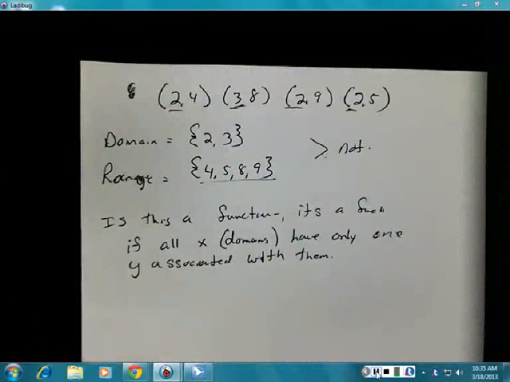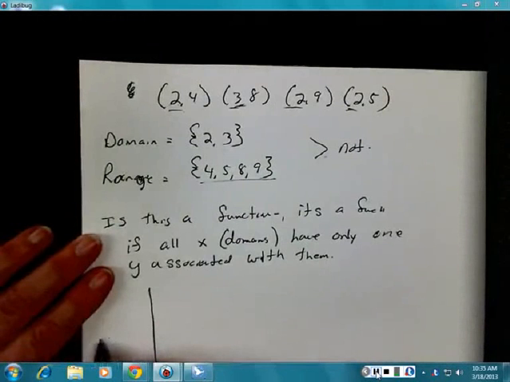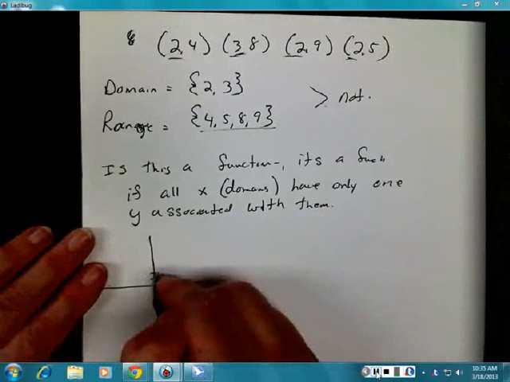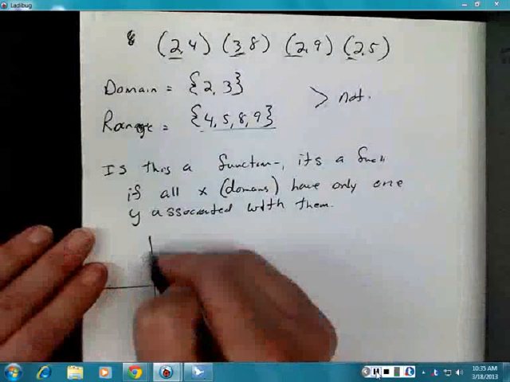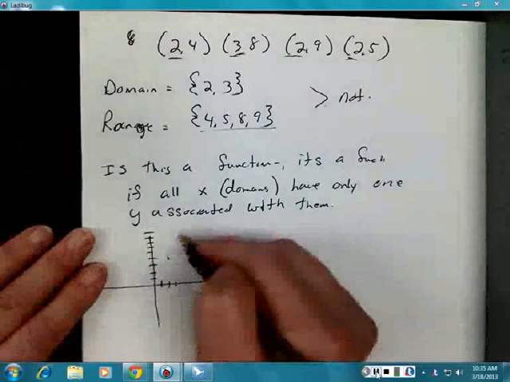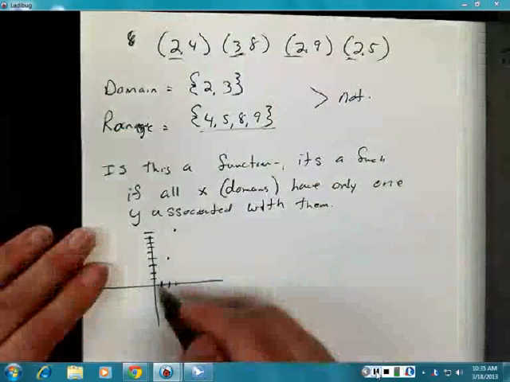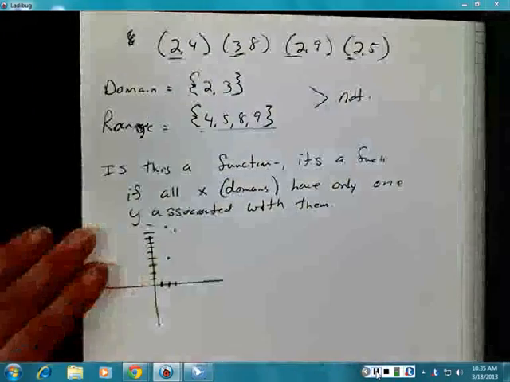So then if we take that, and if I looked at it on a graph, what would happen is when I'm at 2, I'm up at 4. When I'm at 3, I'm up at 8. I'm fine there. But when I'm at 2, I'm up here at 9. So right above 2, there's another one. And when I'm at 2, I'm at 5.